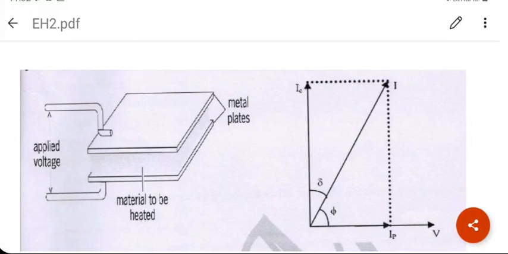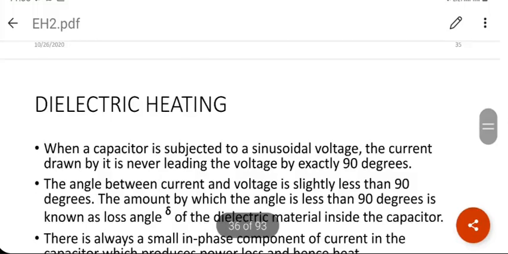And cos phi is the power factor. If delta is 0, phi will be 90 degree, cos phi will be 0. That means no dissipation of power in the material. If delta is high, phi would be much away from 90 degrees. So cos phi will start becoming more than 0 for sure. So heat will start growing in the material. This is why this diagram is important conceptually.